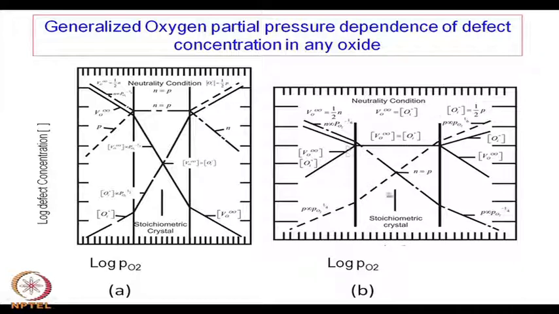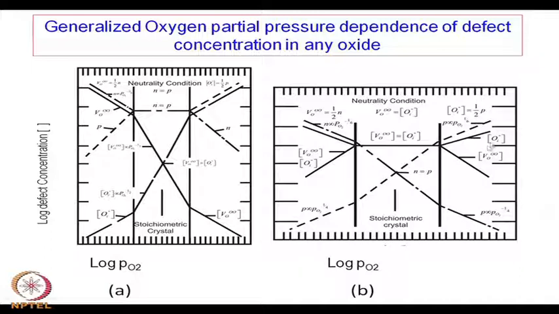So, an ionic conductor will have a diagram like this, whereas an electronic or semiconducting oxide will have a diagram like this. This will be a non-stoichiometric oxide, whereas this will be mostly stoichiometric, unless it is equilibrated at very low or very high PO2.